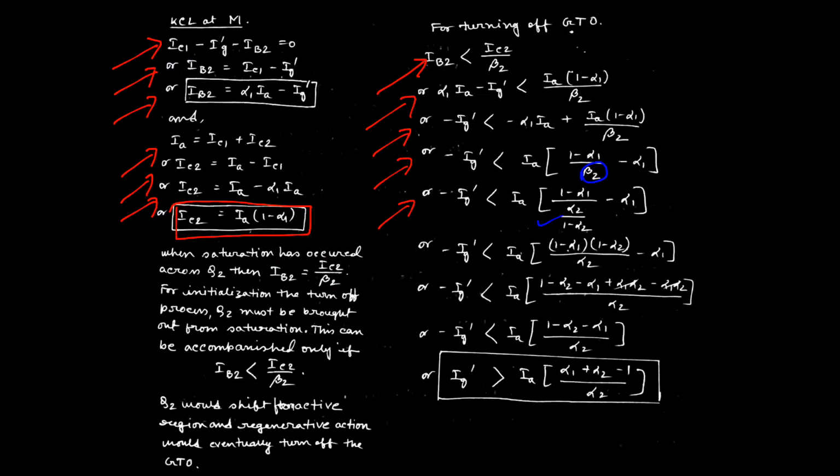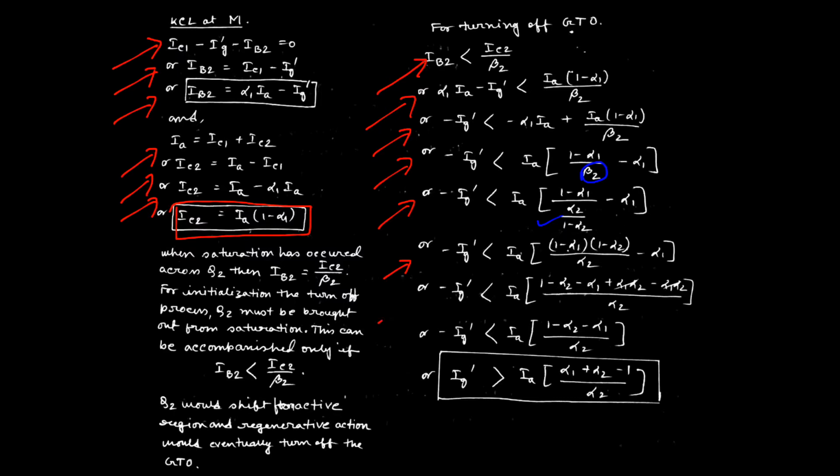Then, after simplification, we can have minus IG dash less than IA into 1 minus alpha 1 into 1 minus alpha 2 by alpha 2 minus alpha 1. We are just taking the LCM, alpha 2, and the upper part is the multiplied part minus alpha 1.